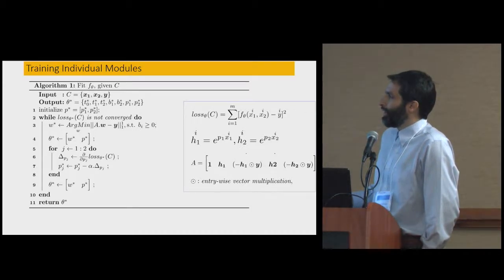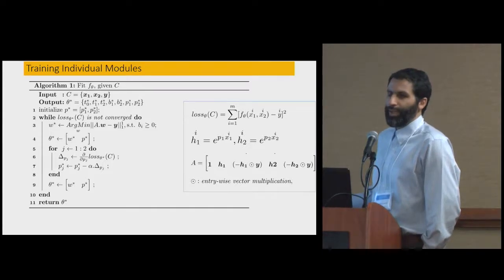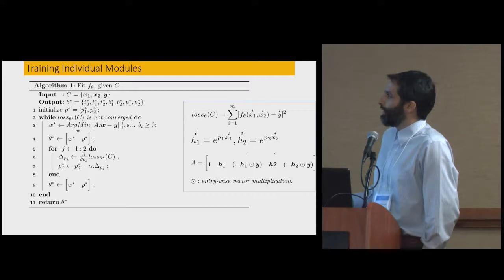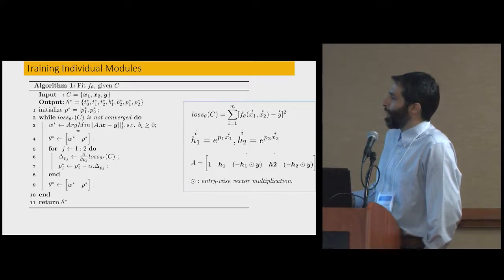We get W star. Then we append W star with our initial value. And then for the rest, we use a simple gradient-based optimization, where you just take the gradient of your loss function, which is this, and then you move forward, basically.